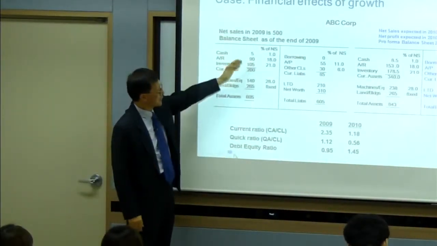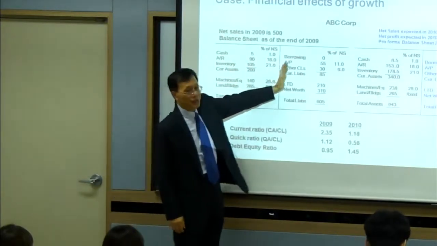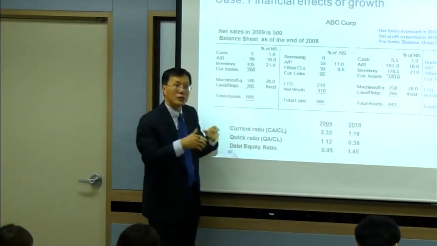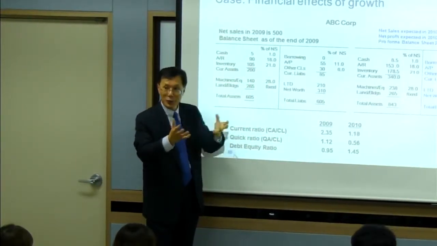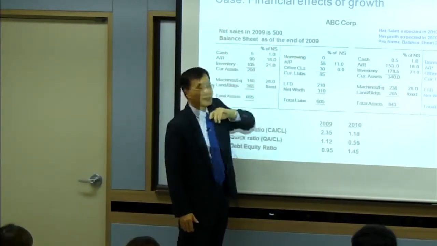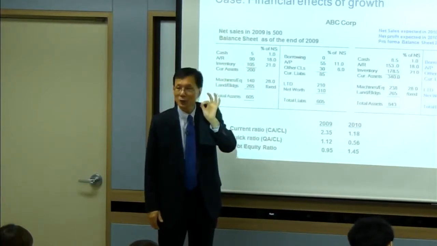Left-hand side, it's 605. Right-hand side shows you how the left-hand side is financed, where the money came from. Okay? Very interestingly, the company uses $0 of short-term borrowing. There is no note payable.